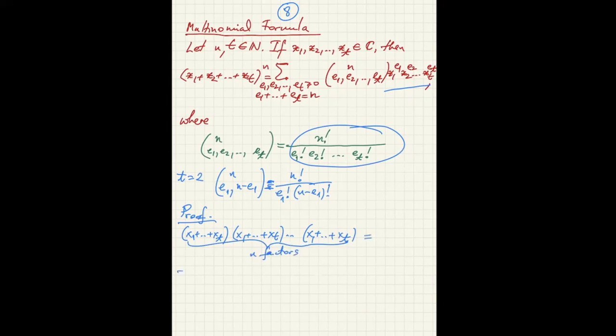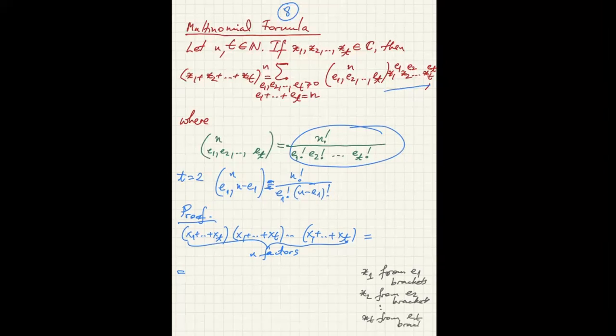And now it's similar. So what do we want? We want to choose x1 from e1 brackets. We have to choose x2 from e2 brackets, and xt from et brackets.